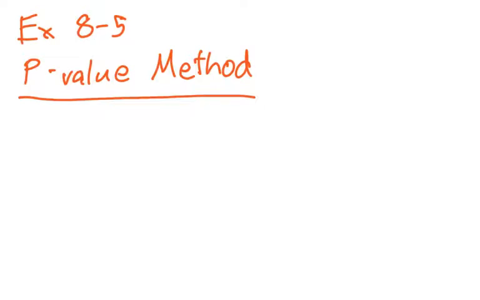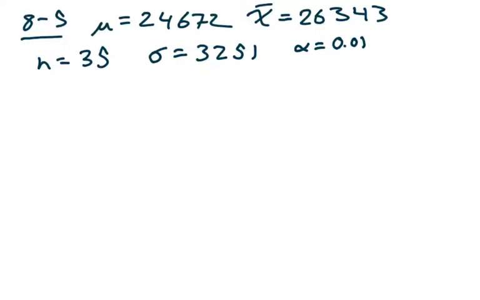Let's look at the problem. Example 8-5 on the cost of rehabilitation. The Medical Rehabilitation Education Foundation reports that the average cost of rehabilitation for stroke victims is $24,672. To see if the average cost of rehabilitation is different at a particular hospital, a researcher selects a random sample of 35 stroke victims at the hospital and finds the average cost of their rehabilitation is $26,343.